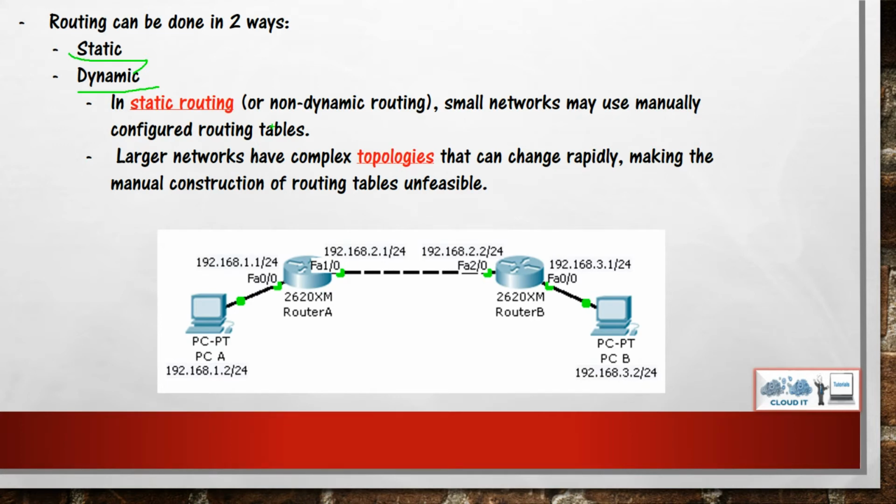But in case of complex networks, where multiple networks are connected with each other and networks change rapidly, in such scenarios we have to use dynamic routing, because dynamic routing protocols will maintain the routing tables, and if any failures occur in the networks, routing protocols will manage the alternative paths if they are available, and it is done very quickly in a managed way, so the network administrator will not have to take the burden of this.